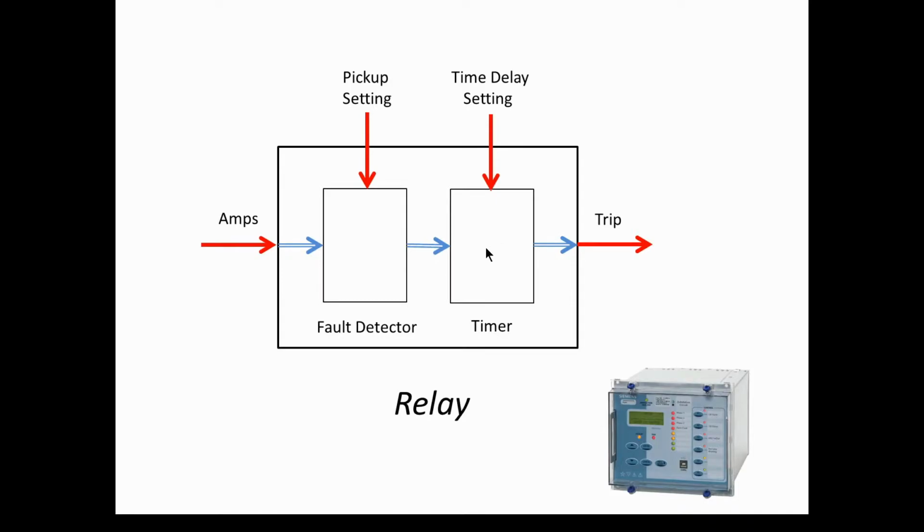So for example, you might give it 5 seconds and say, okay, I've got an overcurrent, I've got a fault detected, so start timing for 5 seconds. And if that overcurrent hasn't gone away in 5 seconds, I need to open the circuit breaker and disconnect my circuit. All right. So it's a fairly simple set of functions that it performs.